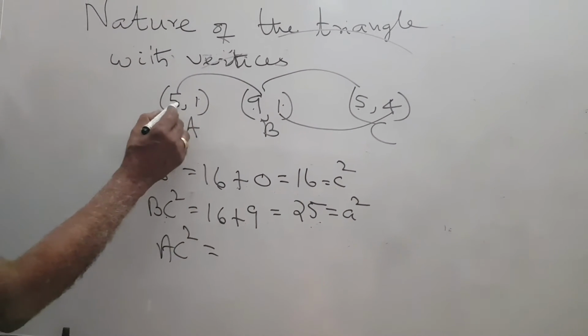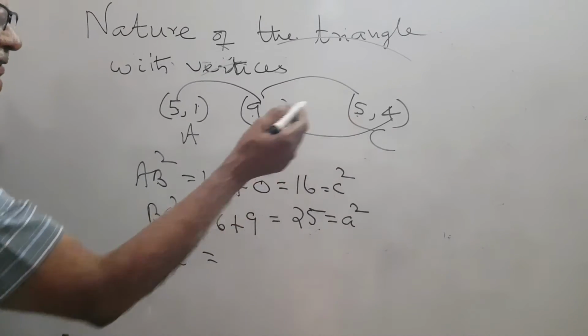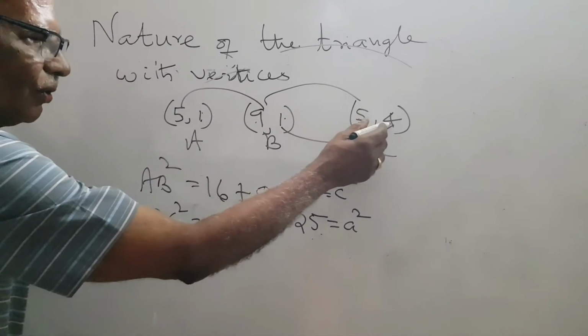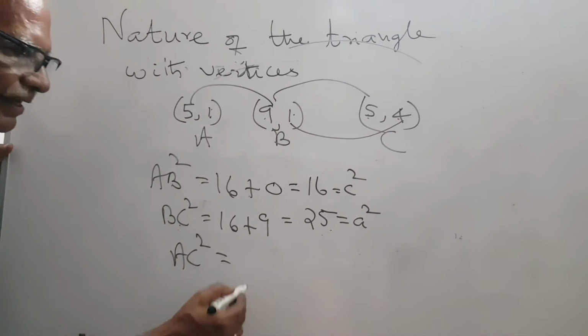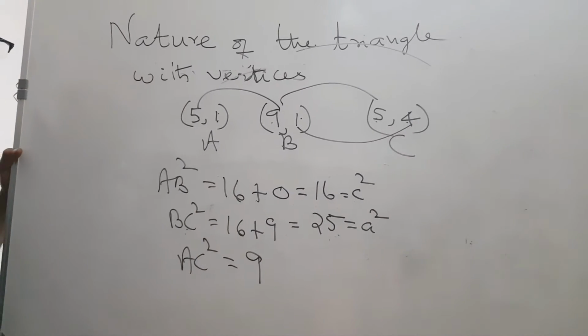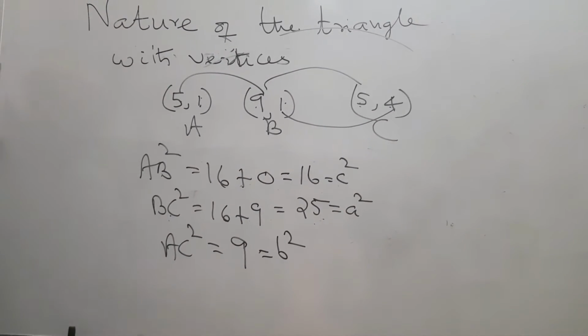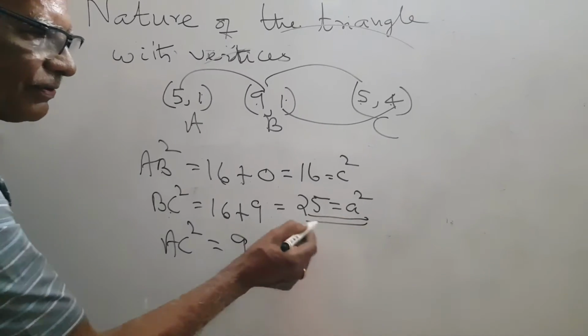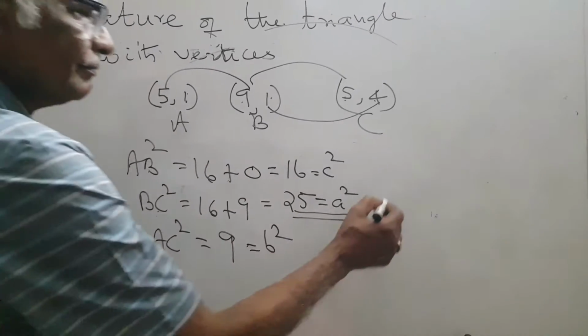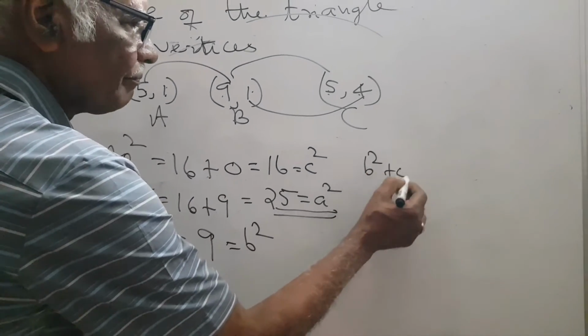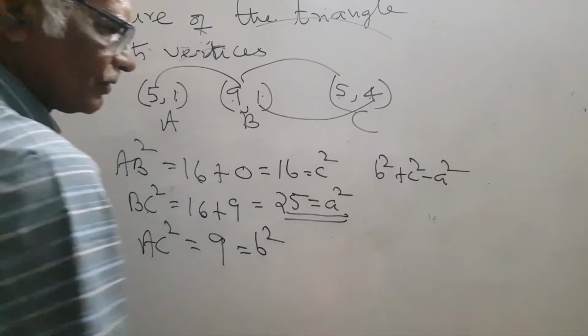AC square. 5 and 5 difference is 0. 1 and 4 difference is 3, square is 9. And AC square is b square. And this is the largest. Now we consider b square plus c square minus a square.